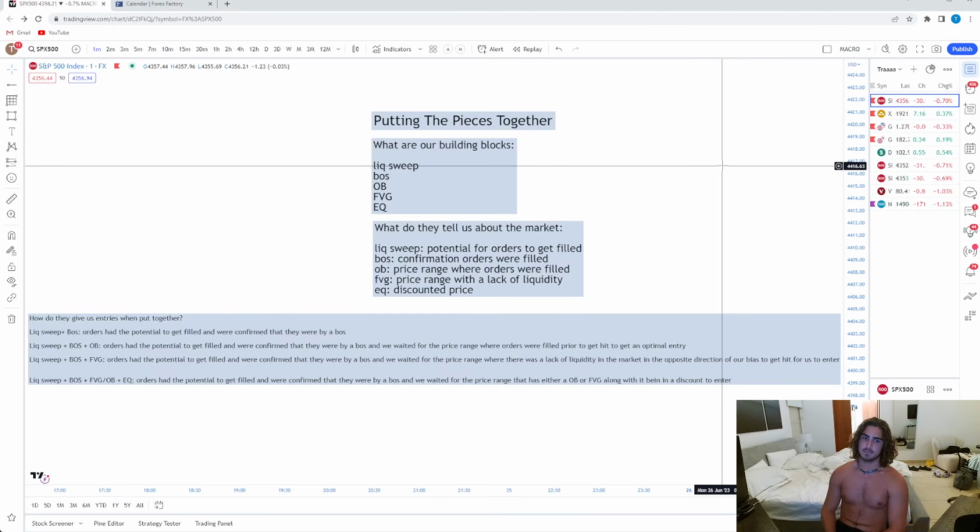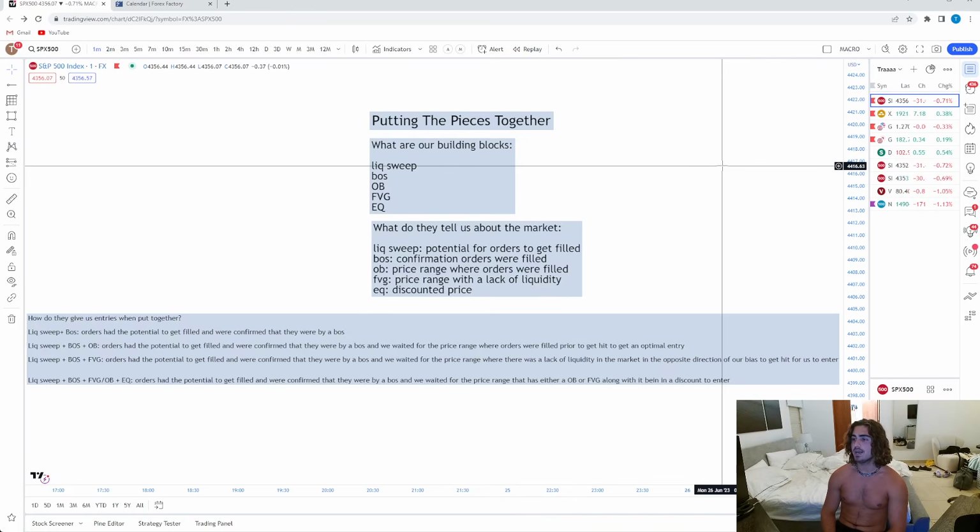Okay? So, how can we find entries? How can we put these together? How do these tools give us entries when put together? First, we'll just do these in order. First, liquidity sweep combined with the break of structure.